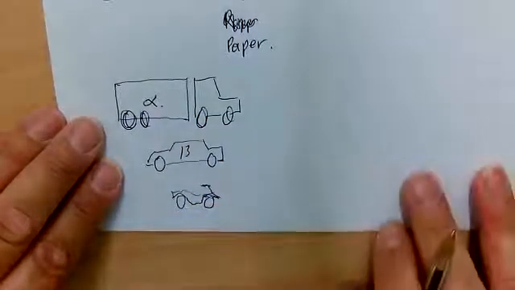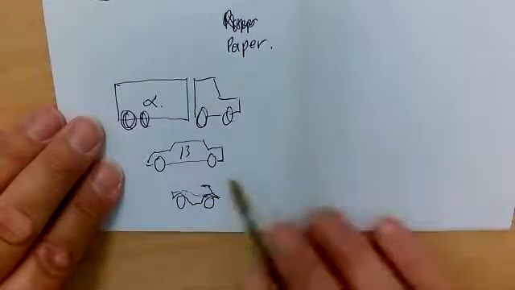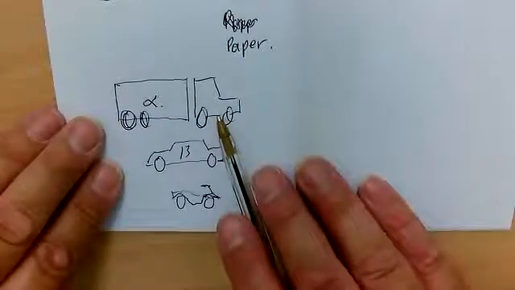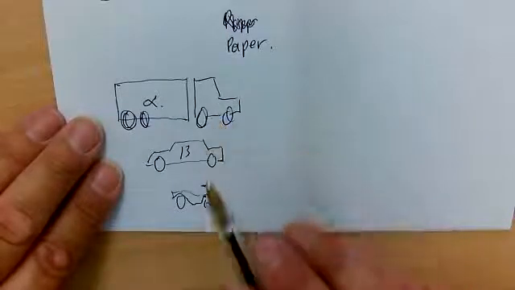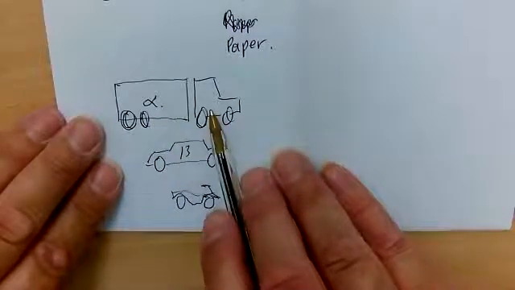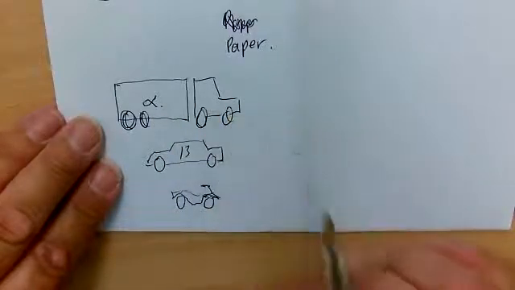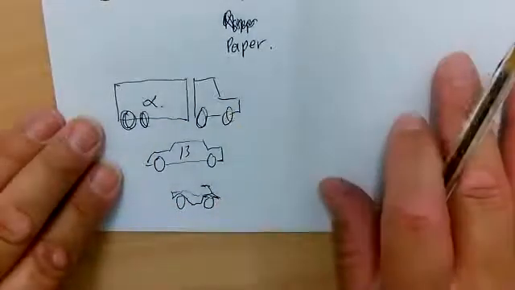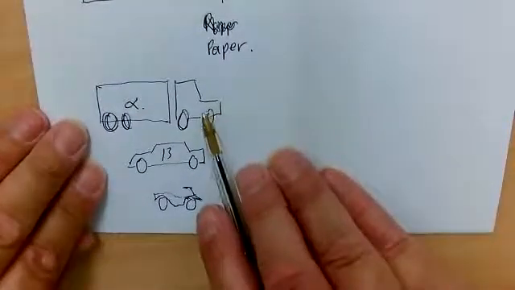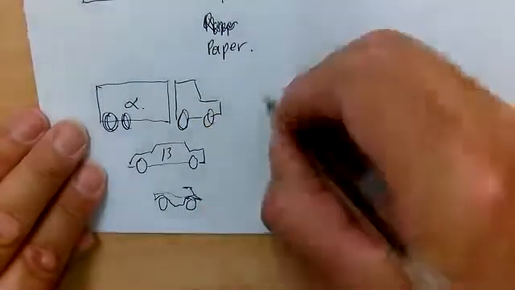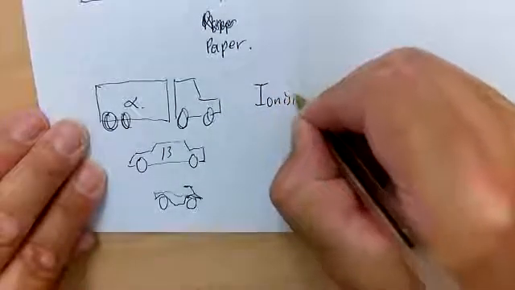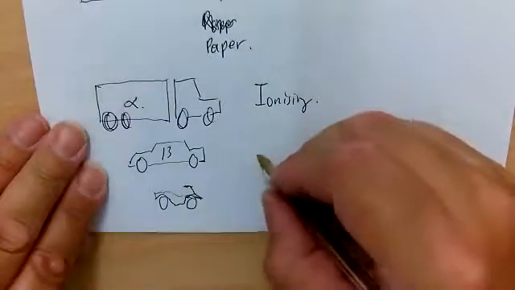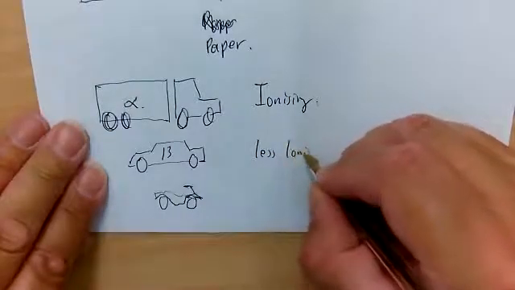Okay, I can't draw motorbikes very well, but if you think about it, if you're trying to get through heavy traffic, or in the case of the particle matter, if you've got a big vehicle, it's very difficult to get it through the traffic, and as a result, it has to interact a lot more. The lorry has to interact with atoms a lot more. Now, what that means is that as it interacts, it's more ionizing. The beta particle is less ionizing.